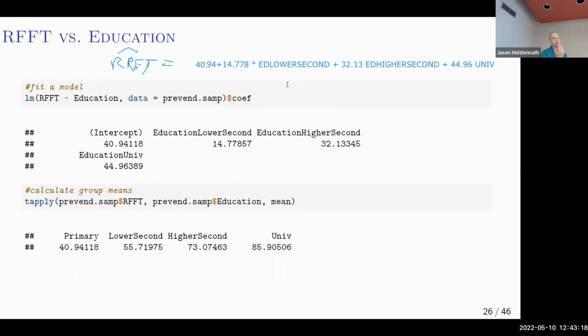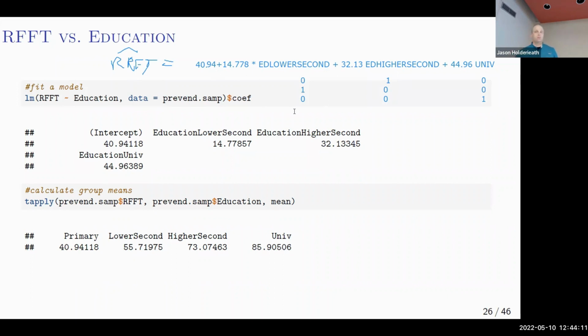If somebody has a higher one, say higher secondary, that means there is a 0 here. So these could be lines out of the data set.